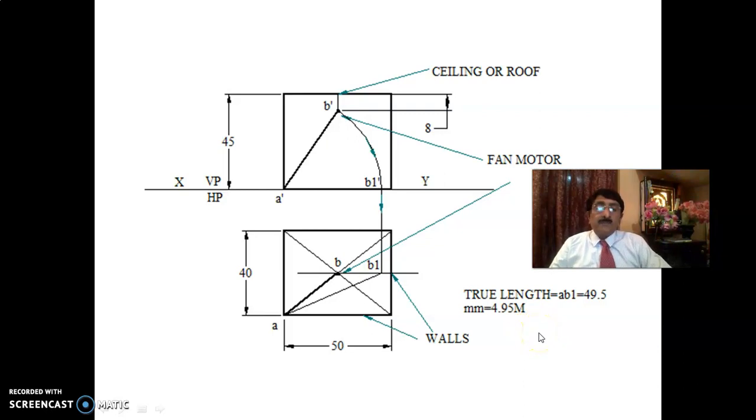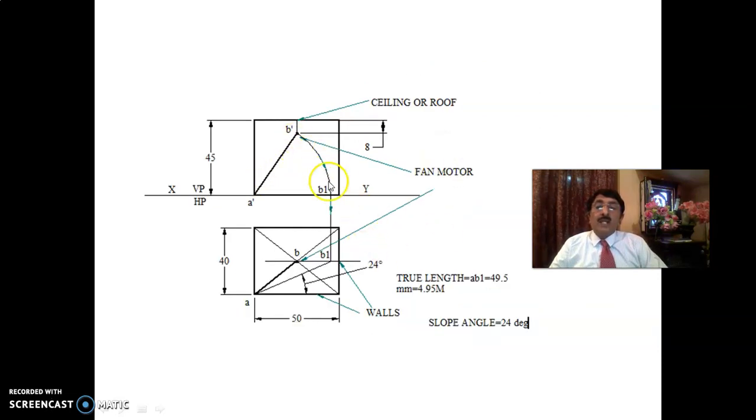Even if you imagine a room of 5 meter, 4 meter, 4.5 meter and measure the distance between these two points, it will be exactly 4.95 meters. Instead of measuring, you are doing it graphically. This is one of the very good applications of straight lines that you should know clearly.